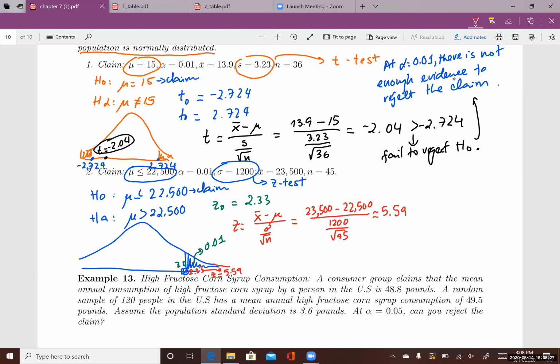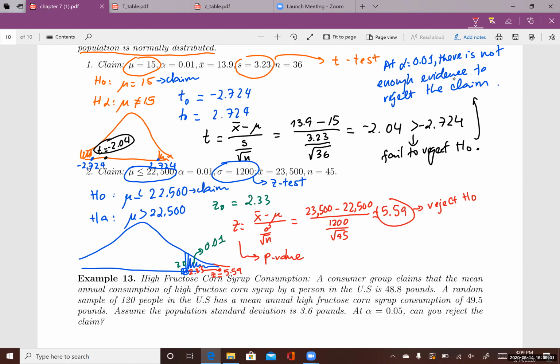As you can see, if you use the rejection regions, this z standardized test statistic falls into the rejection region, so your decision would be to reject the null hypothesis. But if you want to find the p-value, what is a p-value? According to the z, the standardized test statistic, I can find the p-value, which is the probability to the right of 5.59.